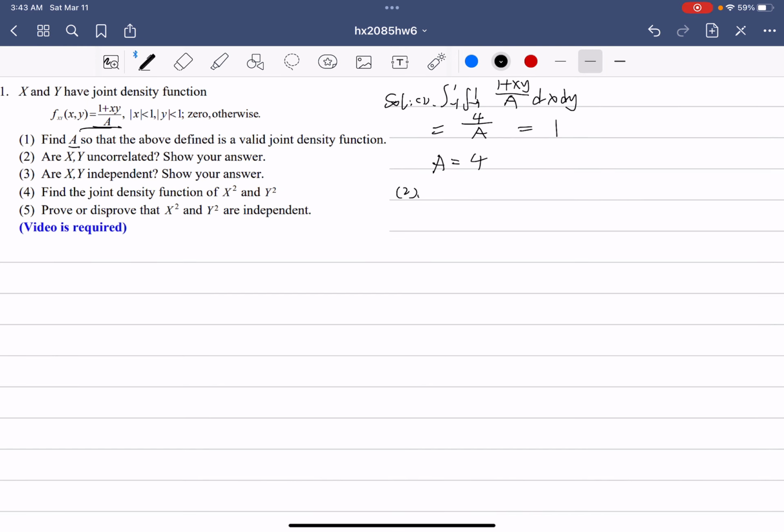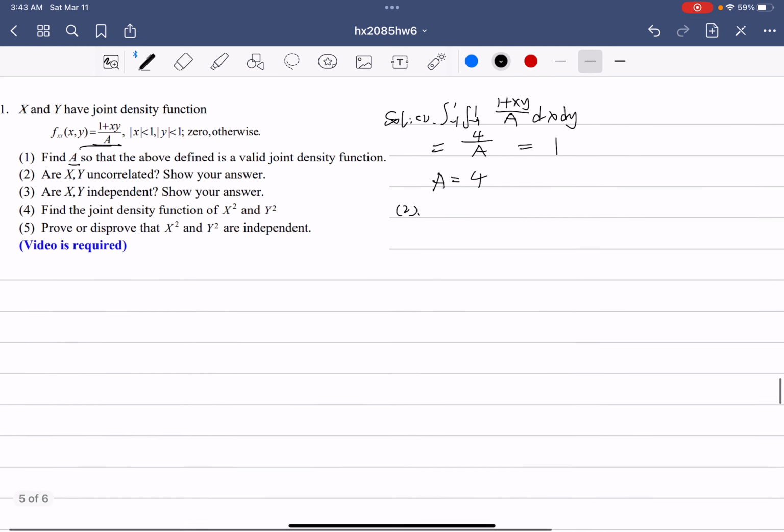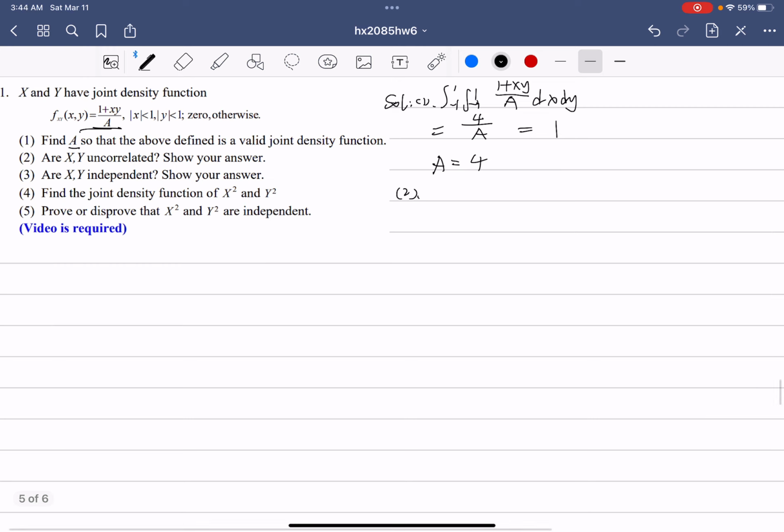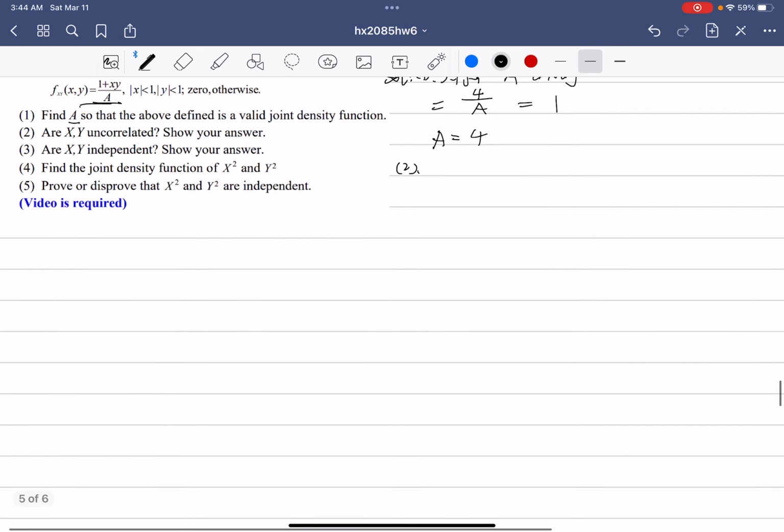The second part: are x and y uncorrelated? We need to calculate the mean of xy first.